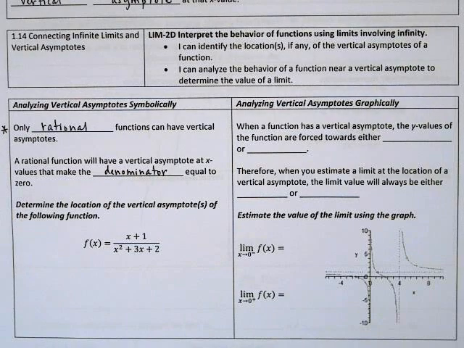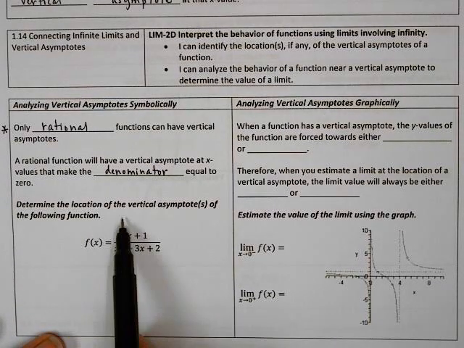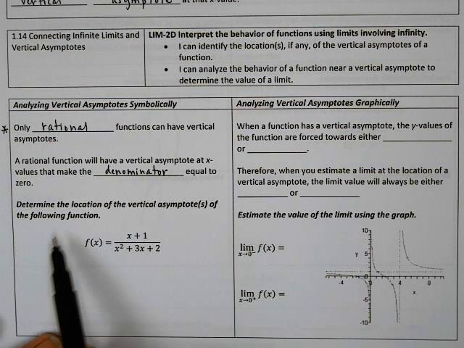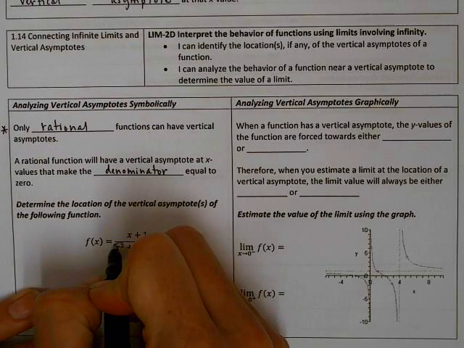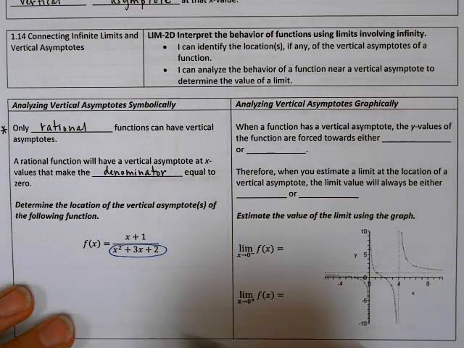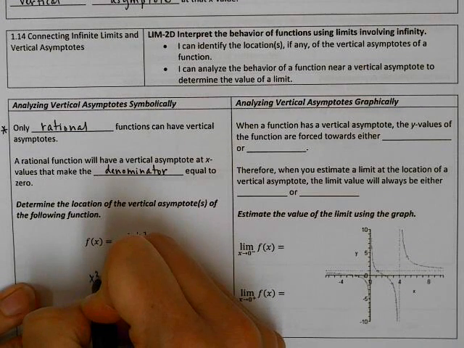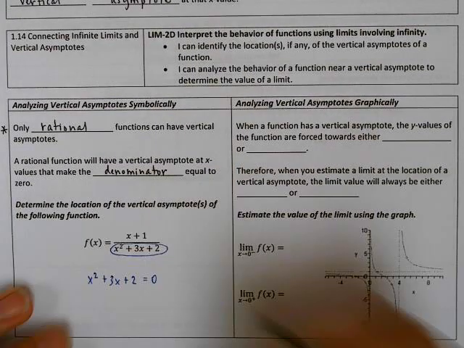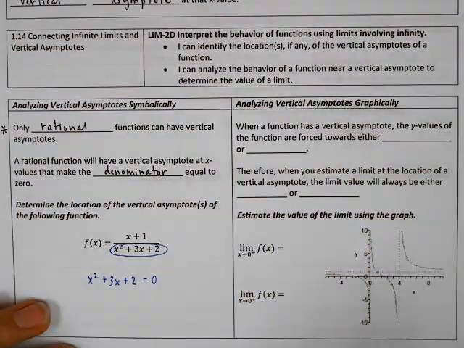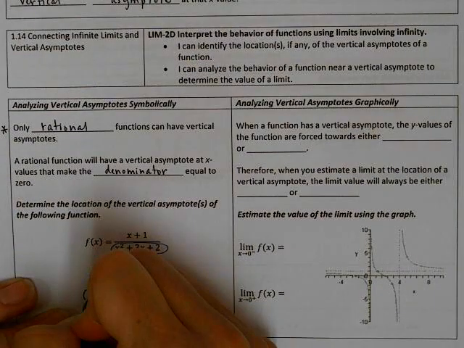So for example, we could be asked this question: determine the location of the vertical asymptotes of the following function. So we said those are going to happen where our denominator here is equal to 0. So we're going to go ahead and solve this equation. Now here I've got a quadratic trinomial, so I'm going to go ahead and try to factor that.